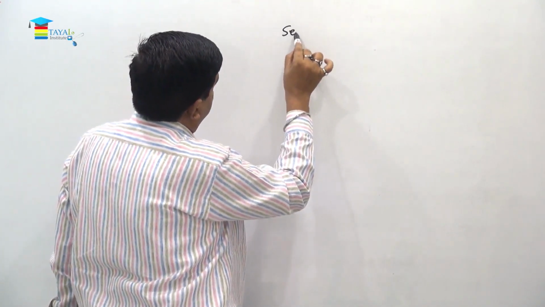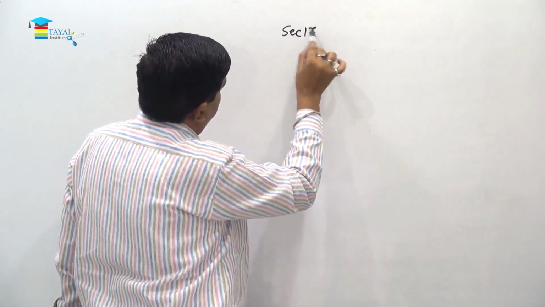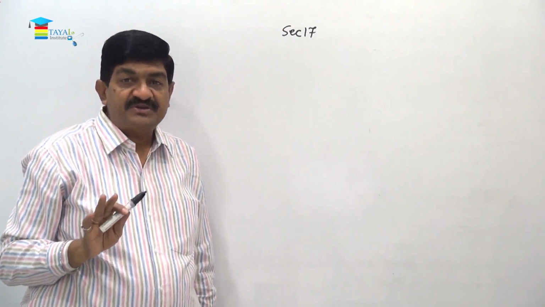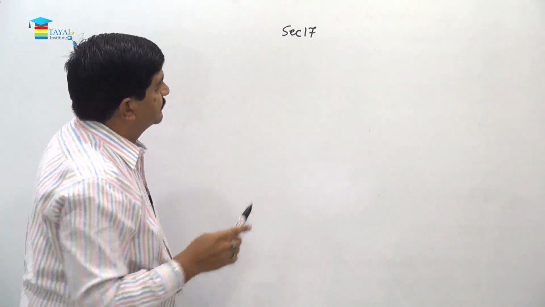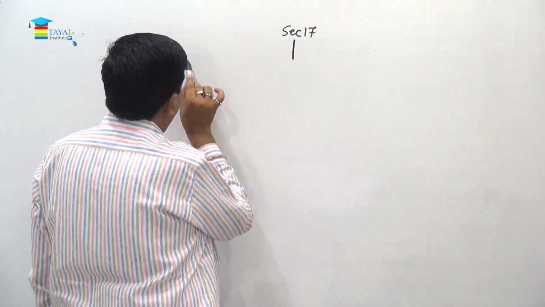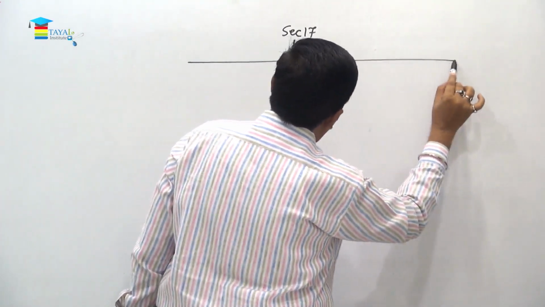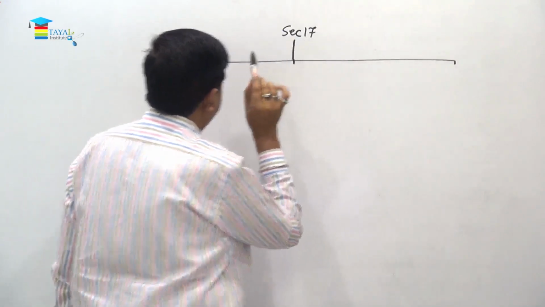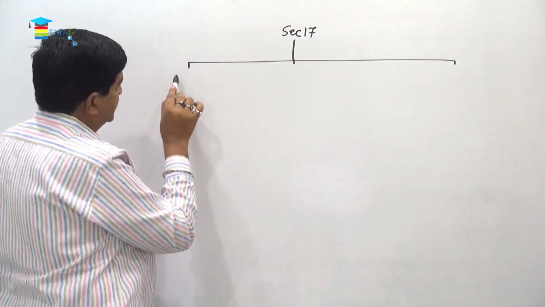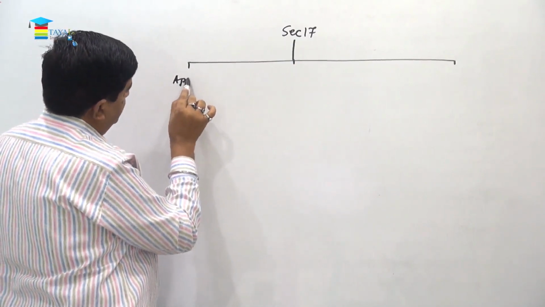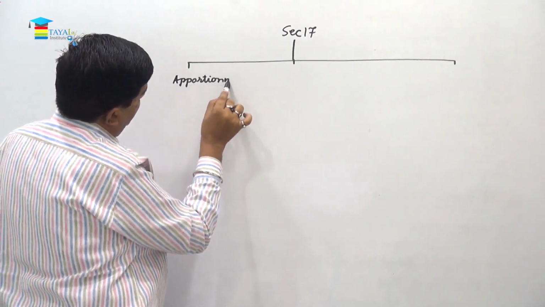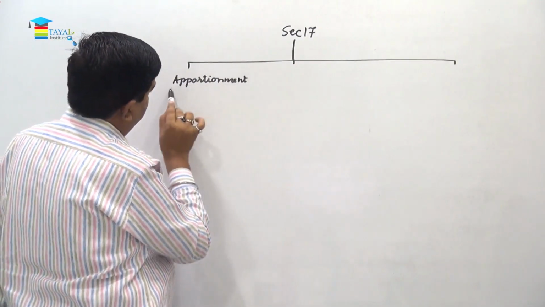Section 17. This has got 6 subsections. So here I'll divide that mainly in 3 parts. This is apportionment.